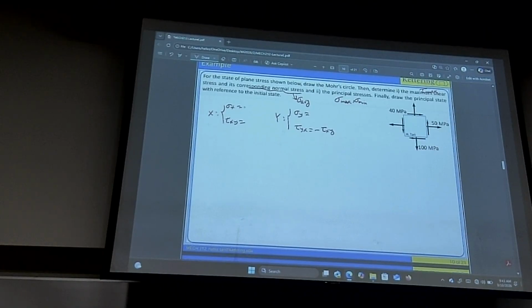Sigma x is negative 50. Emphasize the sign. Positive 50 megapascals. Sigma y is positive 100 megapascals. And then tau xy is positive 40 megapascals.